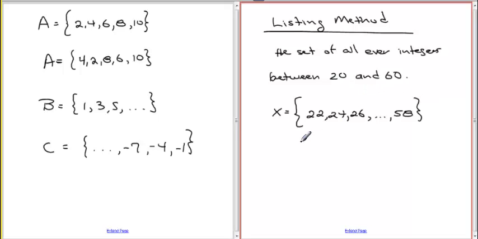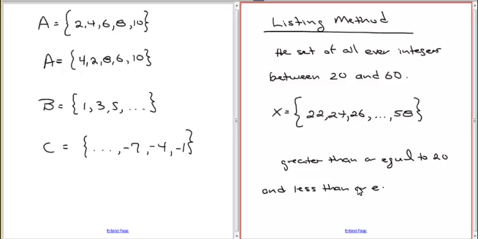So if that was between 20 and 60, how would I write it if I wanted to include the endpoints? I could say greater than or equal to 20 and less than or equal to 60.